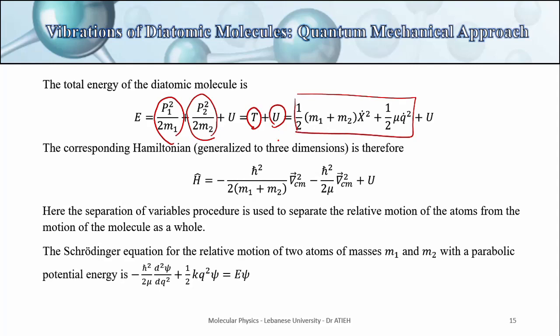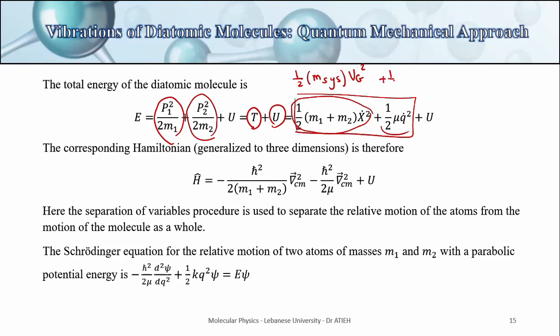This term was proved in a previous slide. So the first part of this term corresponds to the translational motion of the center of mass. It's half the total mass of the system, multiplied by V of the center of mass squared. And the second part is due to the vibration or oscillation of the atoms around the center of mass.